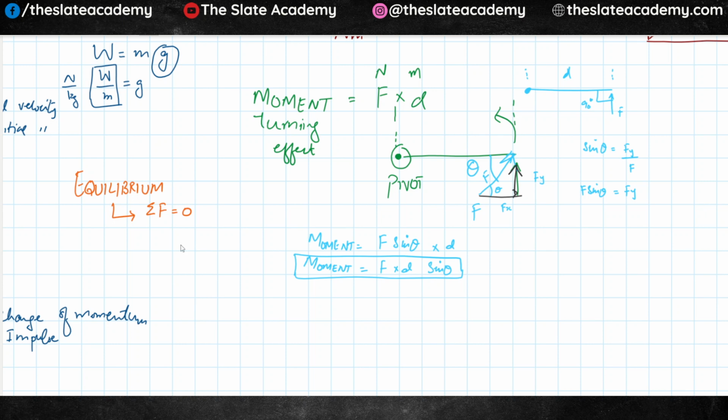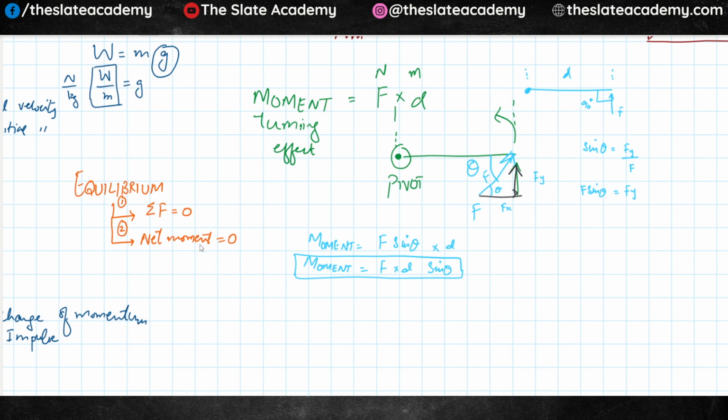There could be more forces acting on the body, but if the net sum of all those forces is zero, then the first condition of equilibrium is met. The second condition of equilibrium is that the net moment of the body should be equal to zero.